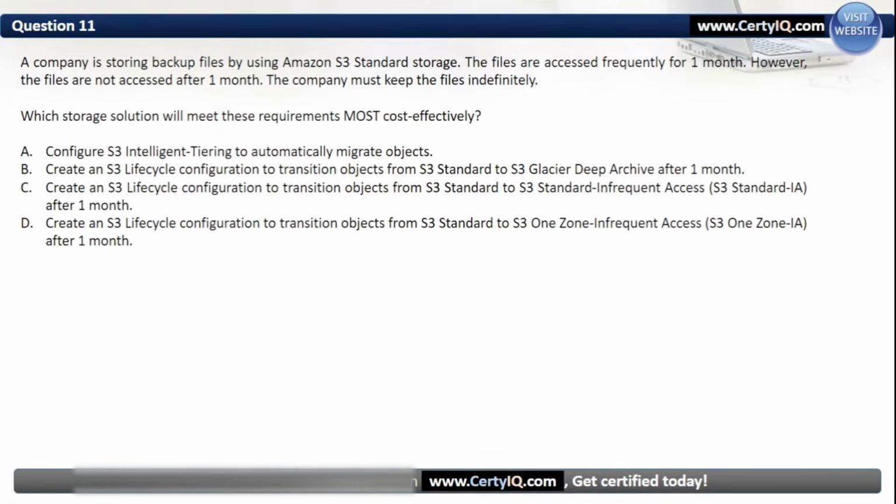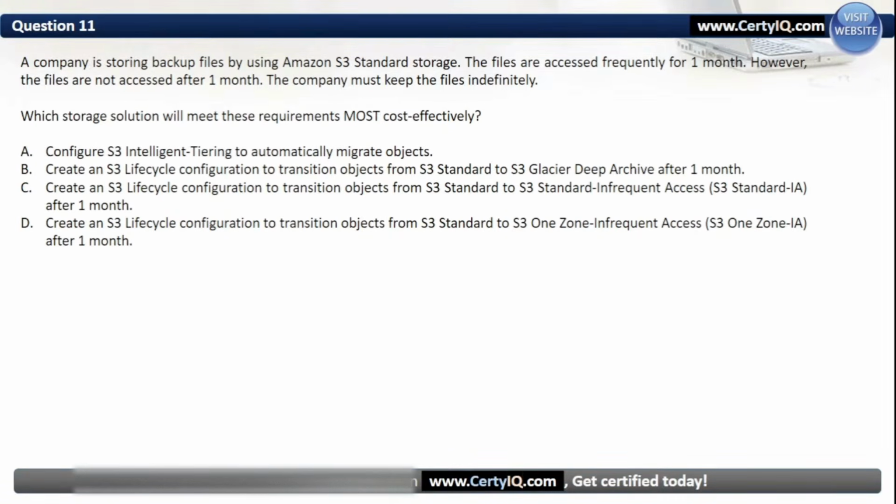Our options are A. Configure S3 Intelligent-Tiering to automatically migrate objects. B. Create an S3 Lifecycle configuration to transition objects from S3 Standard to S3 Glacier Deep Archive after 1 month. C. Create an S3 Lifecycle configuration to transition objects from S3 Standard to S3 Standard-Infrequent Access after 1 month.